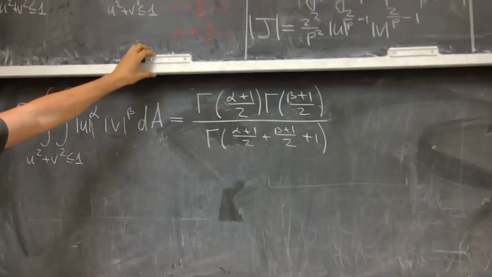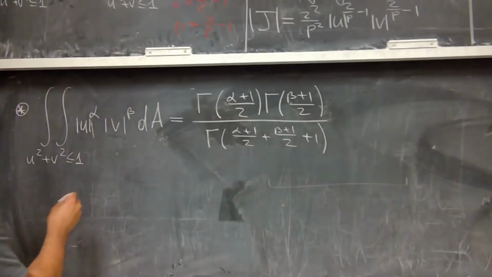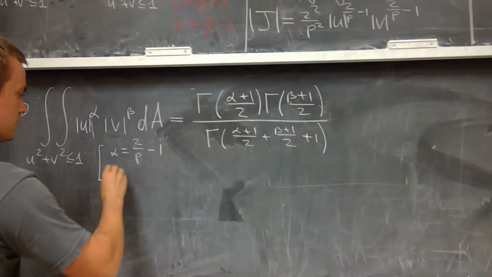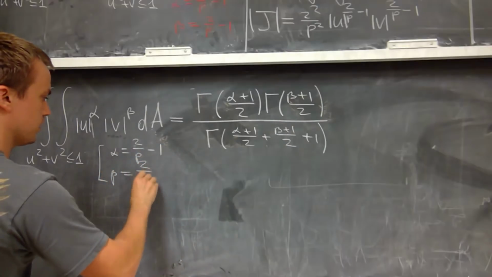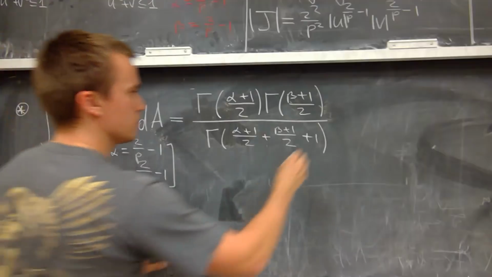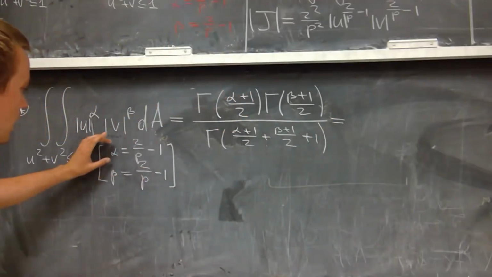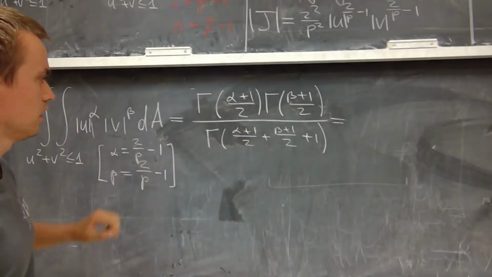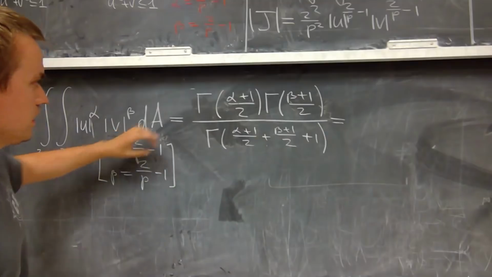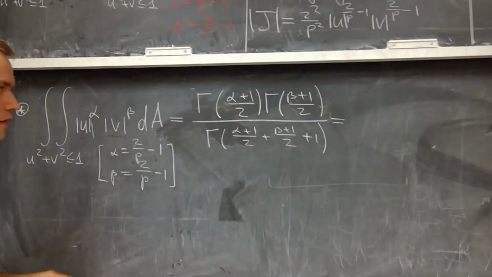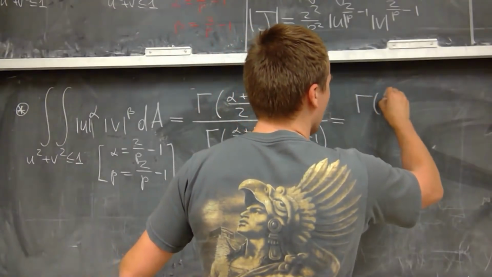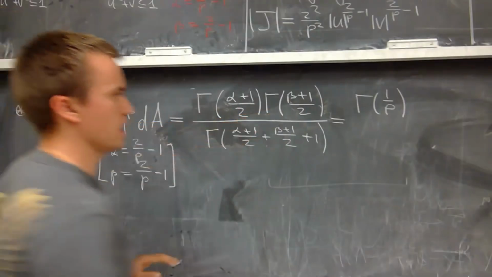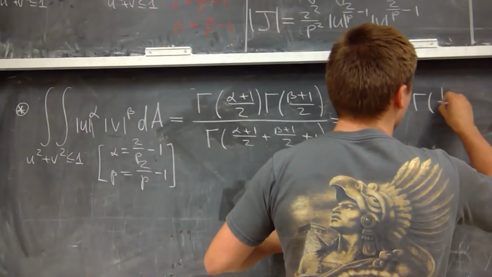So if you plug in alpha and beta, where alpha equals 2 over p minus 1, and beta equals 2 over p minus 1, then inside this formula, 2 over p minus 1, I can see that the 1 and 1 will get cancelled. And I will have 2 over p over 2. So what I will get is just gamma of 1 over p. And you can check that you get the same for the second one, gamma of 1 over p.